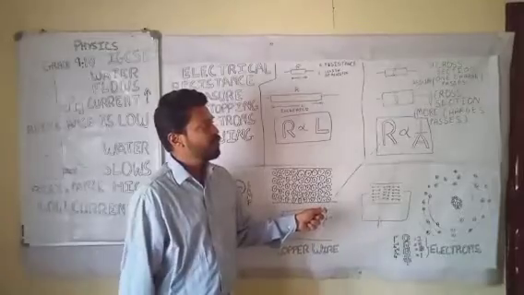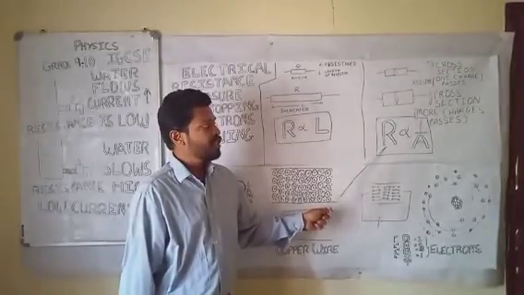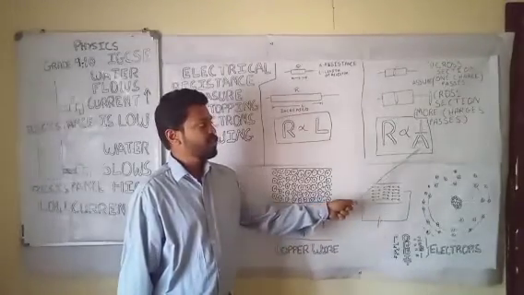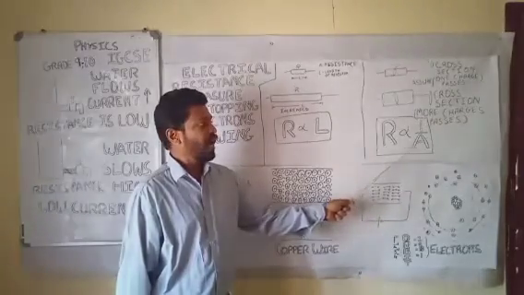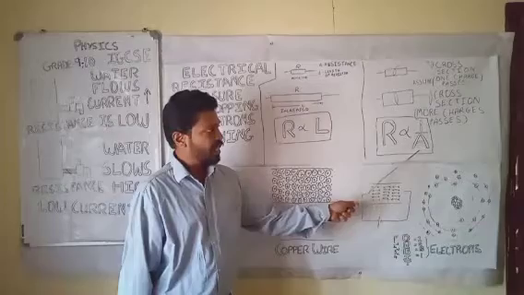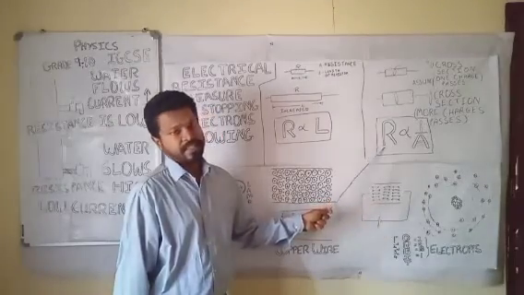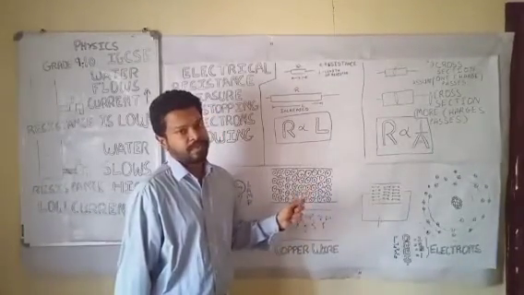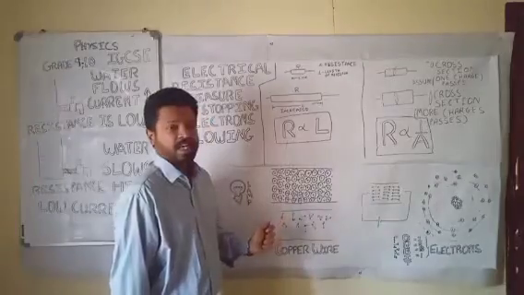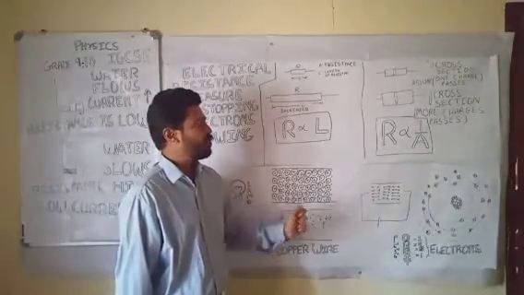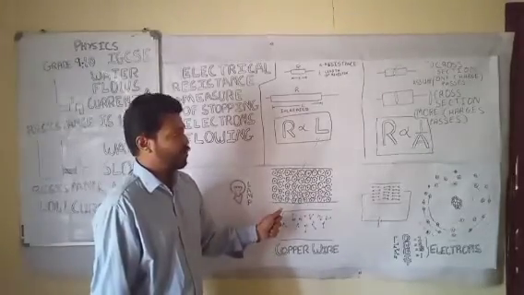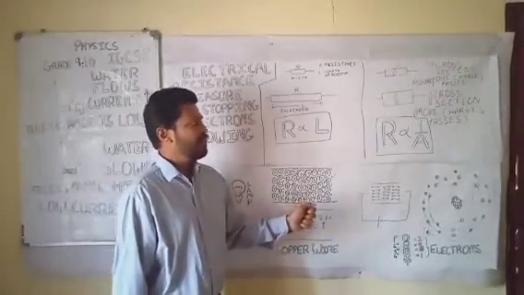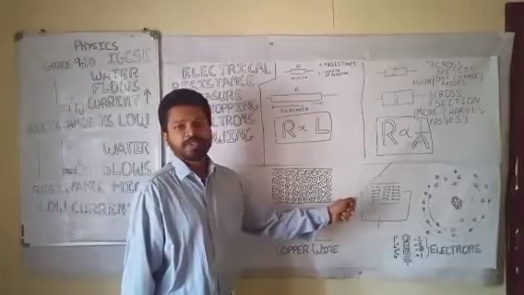Inversely proportional means when the resistance is increasing, the cross section area is decreasing. And the more the cross section area, the resistance is less. That is called inversely proportional. So you can see out here what is directly proportional and inversely proportional. Let me tell you once again, resistance is directly proportional to length and resistance is inversely proportional to the cross section area.